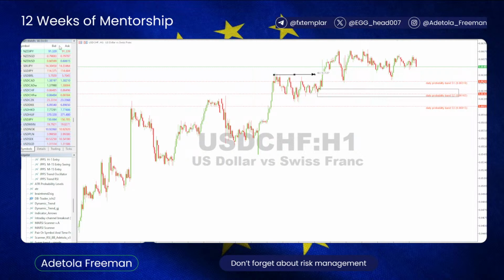Let me see. My MetaTrader is hanging a bit, but hold on. Come on, MetaTrader, what's going on?